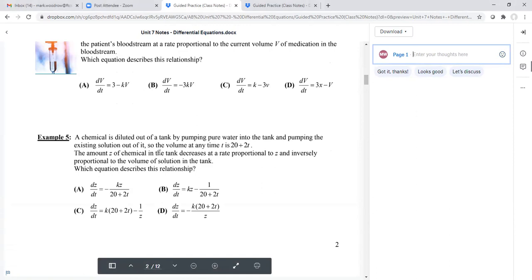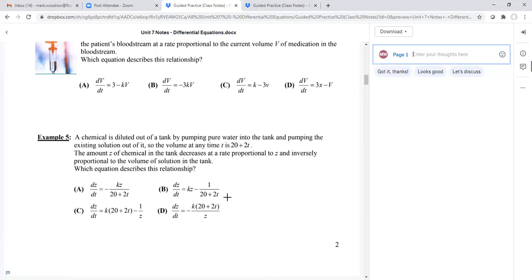The amount Z of the chemical in the tank decreases at a rate. So again, we're decreasing Z at a rate, so that's why all these are dZ dt at a rate proportional to Z. So that means proportional to Z means we're going to take K times Z, and at the same time that K is inversely proportional to the volume of the solution in the tank. Well, if you look up here, the solution in the tank is 20 plus 2t, which means this is the part that's going to have to be in the bottom.